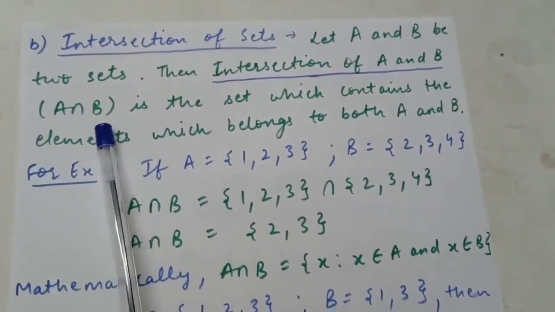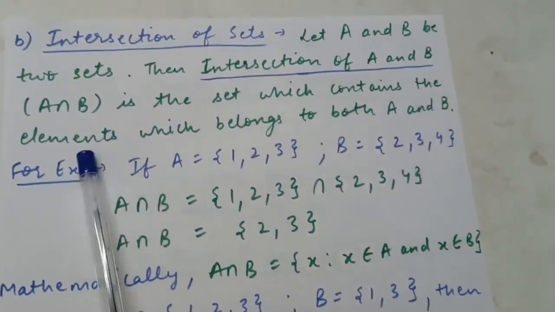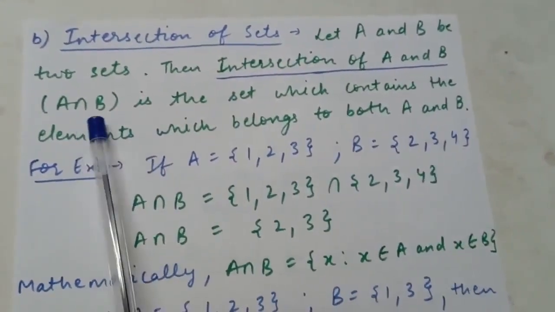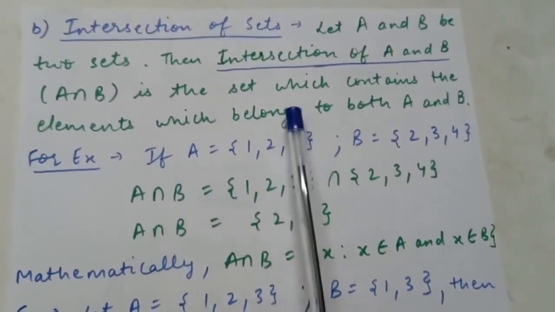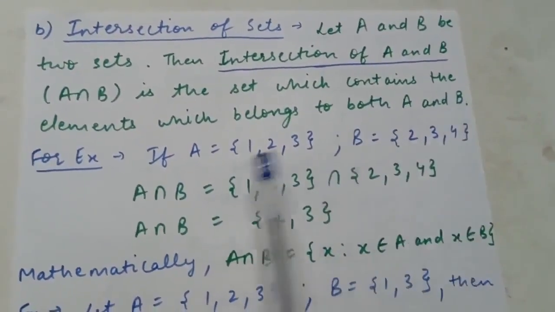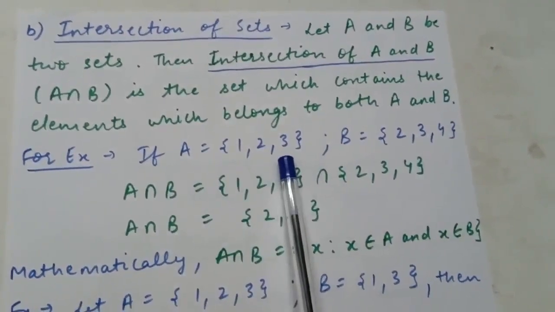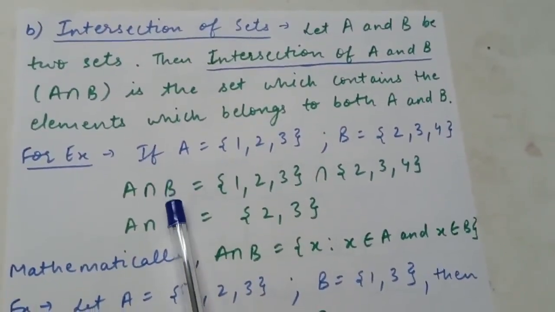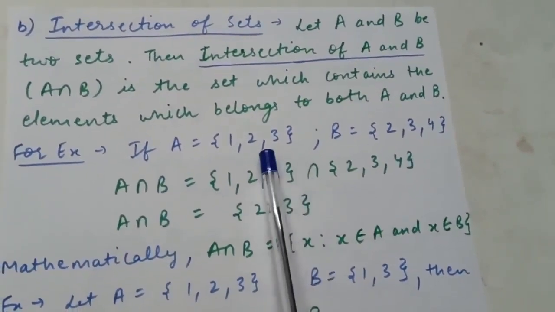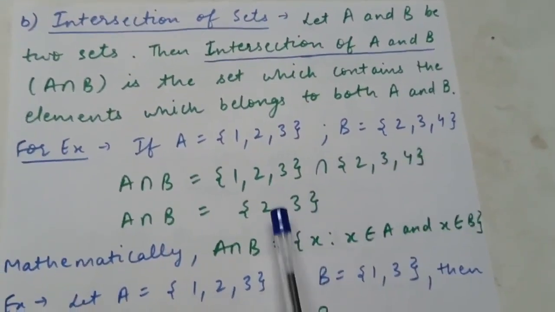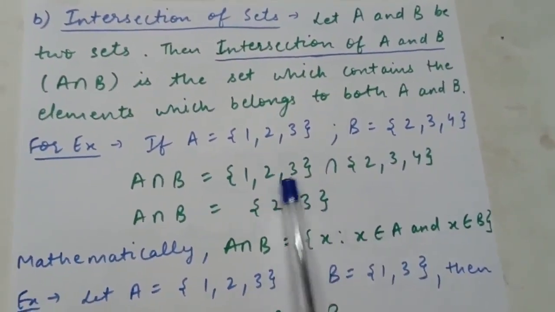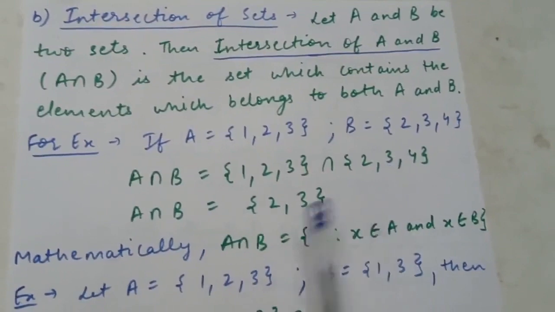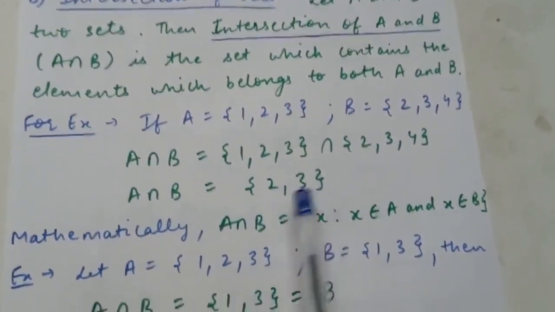The intersection of two sets A and B is the set which contains the elements which belong to both A and B. For example, if A is {1, 2, 3} and B is {2, 3, 4}, then the intersection will contain those elements which are in A and also in B. So the intersection of these two sets will be {2, 3}, because 2 and 3 are present in set A and also in set B. So A intersection B will be {2, 3}.